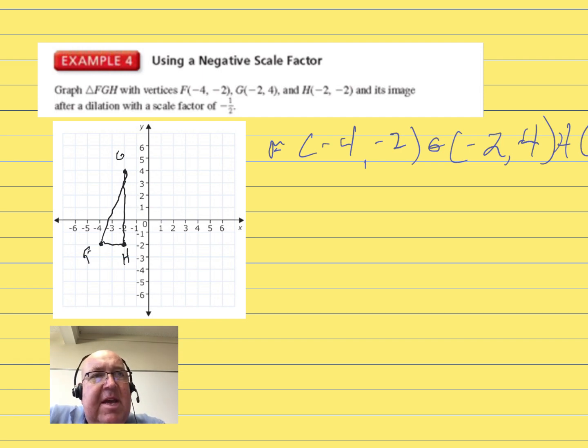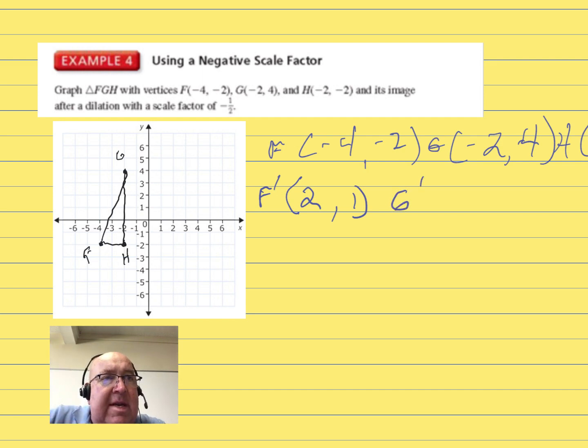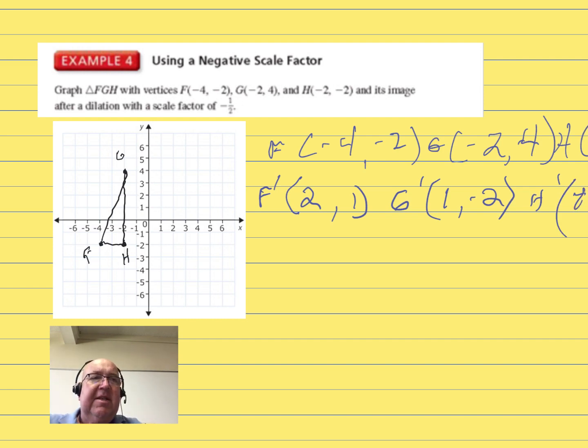So -1/2 times -4. F prime is going to be 2 and 1. G prime is going to be 1 and -2. And H prime is going to be -1 and 1. Negative times negative is positive.